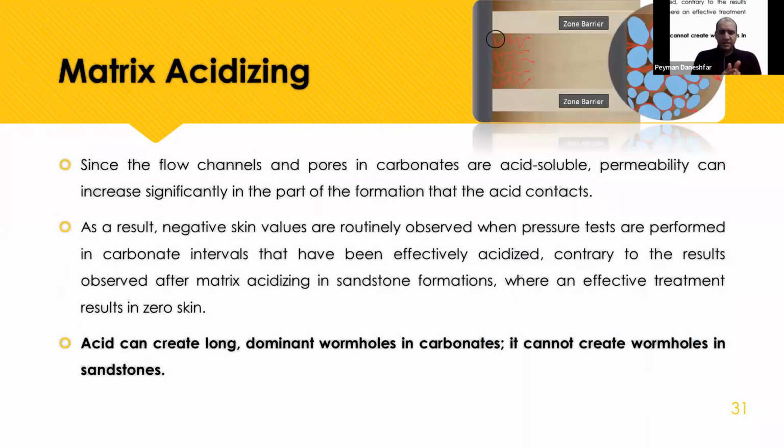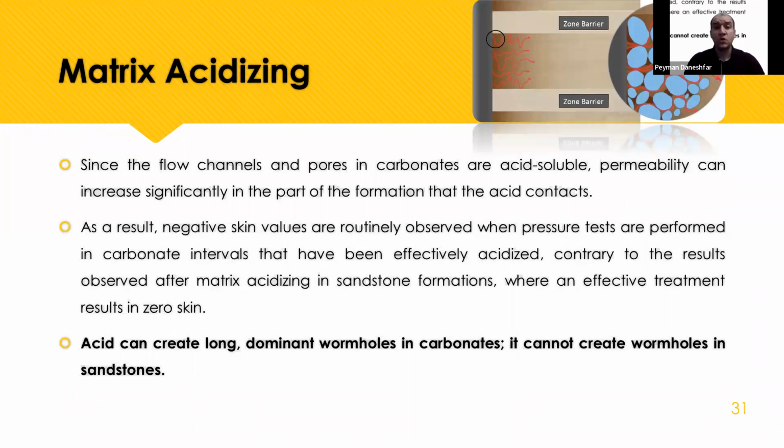This is again a definition about matrix acidizing in a carbonate formation. Since the flow channels and the pores in a carbonate are acid soluble, if you remember some slides at the first time about the reaction and the product of the reaction of HCl with limestone and dolomite, the permeability can increase significantly in the part of the formation that the acid contacts.